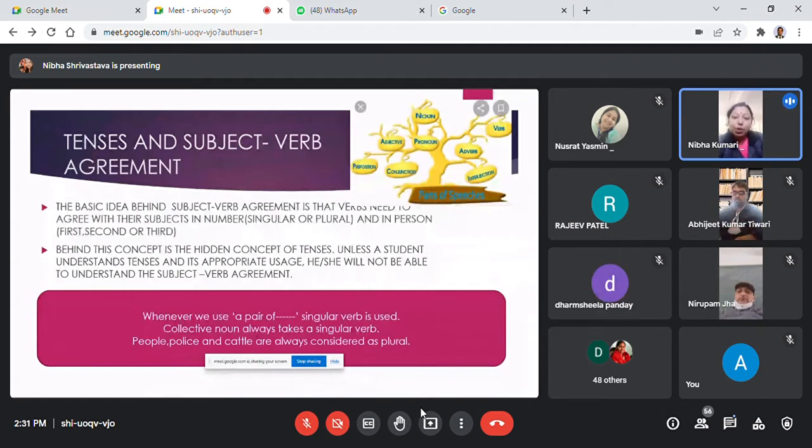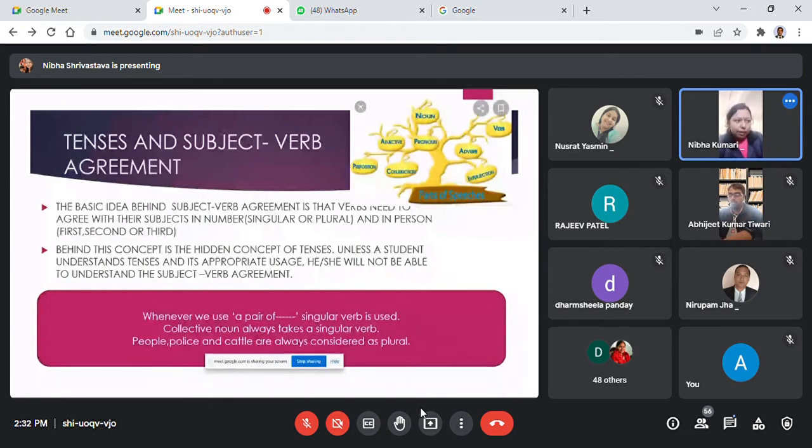If the subject is singular, the verb should be singular. If the subject is plural in number, then the verb should also be plural. Behind this concept is also the hidden concept of tenses, I feel. If a person has understood tenses, then there would be no mistake in understanding subject-verb agreement.